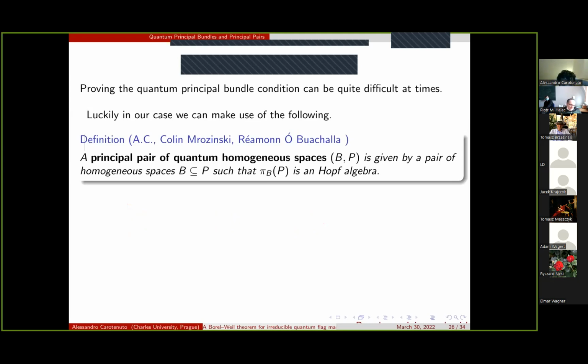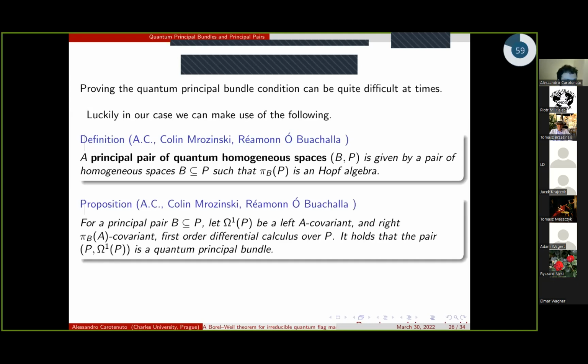So yes, this is a particular case in which the realization of a quantum principal bundle can be automatic.